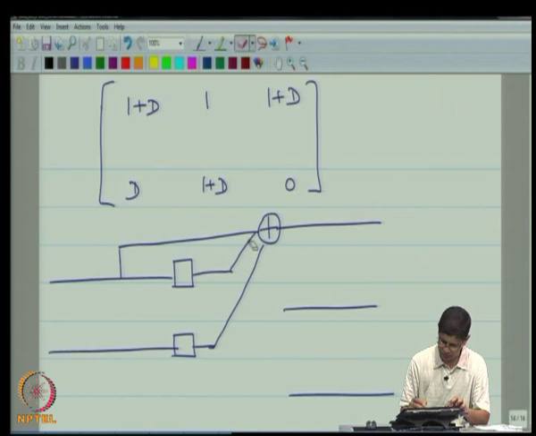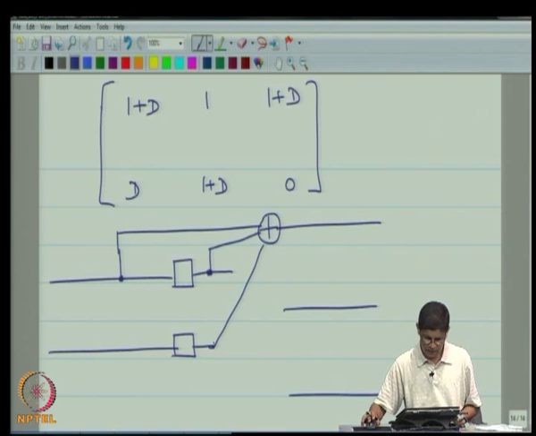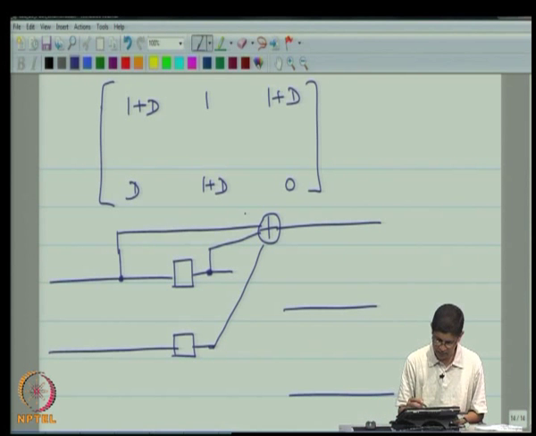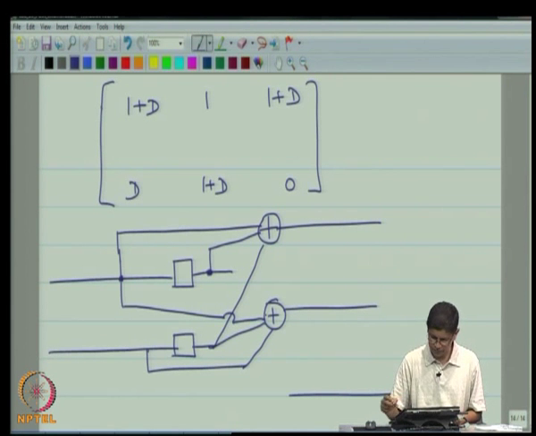So, this will be the output there. So, that is one output. The second output is 1 and 1 plus D. So, that will get its output from here, from here, as well as from here.